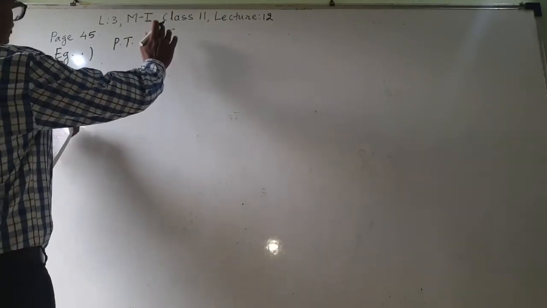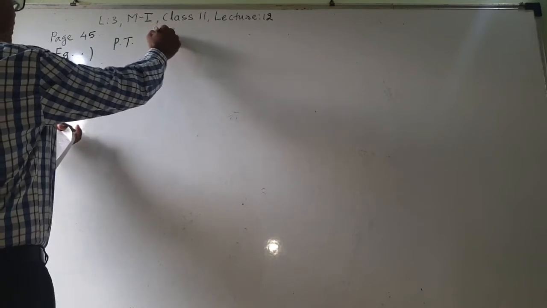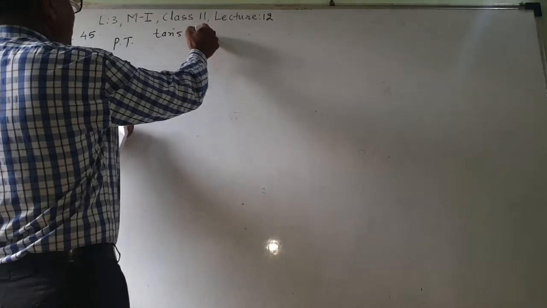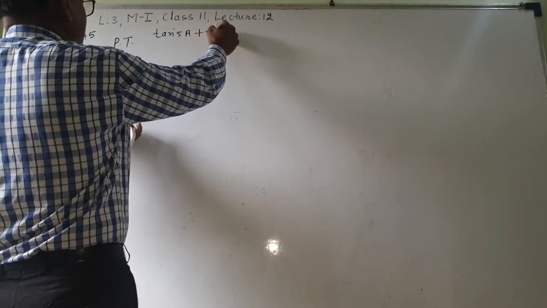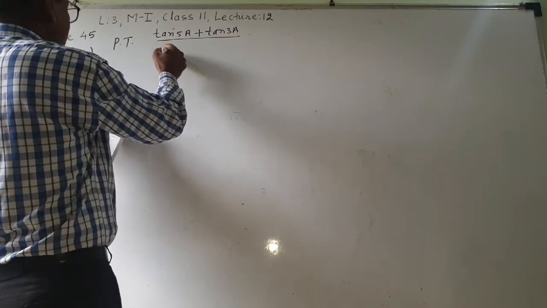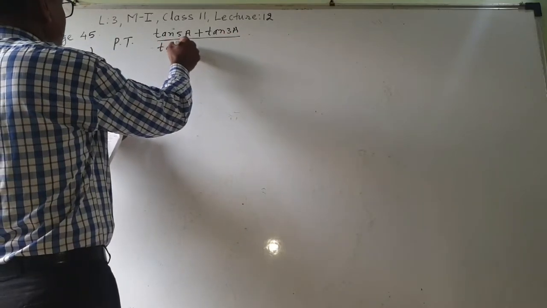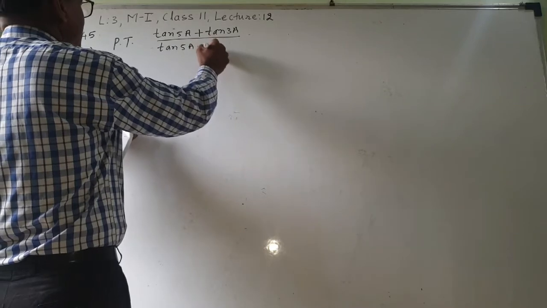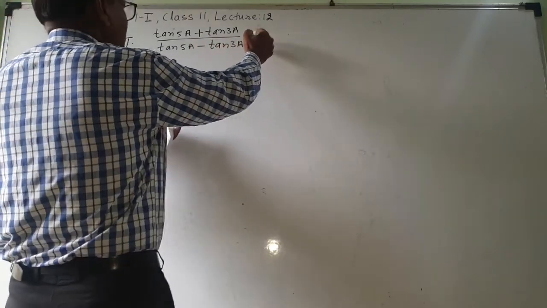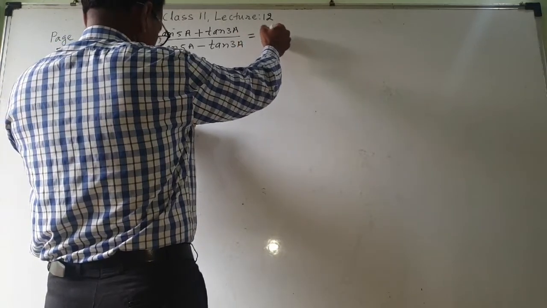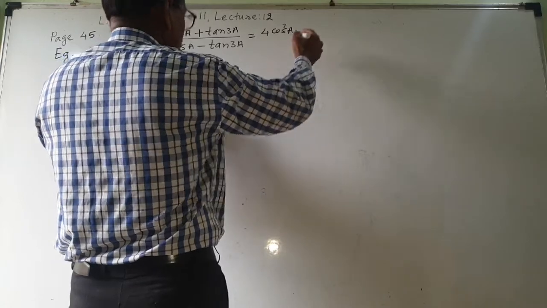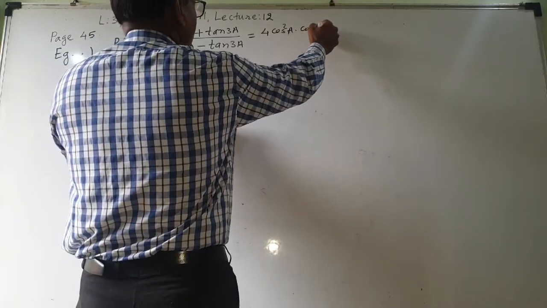Prove that (tan of 5a plus tan of 3a) upon (tan of 5a minus tan of 3a) is equal to, we have to prove, 4 cos square a into cos of 4a.